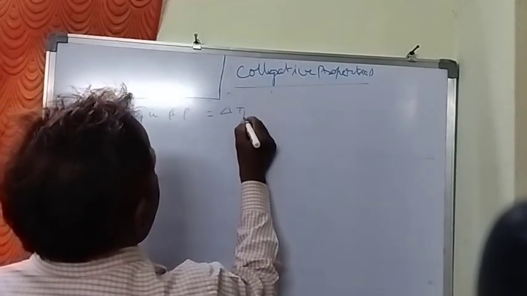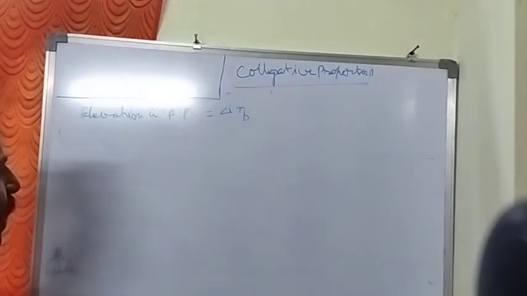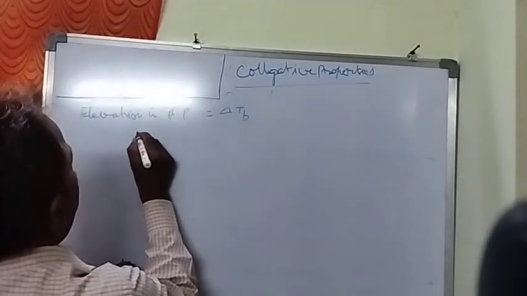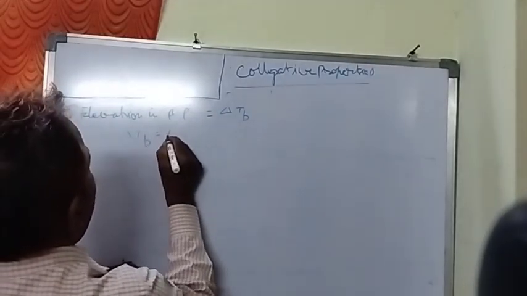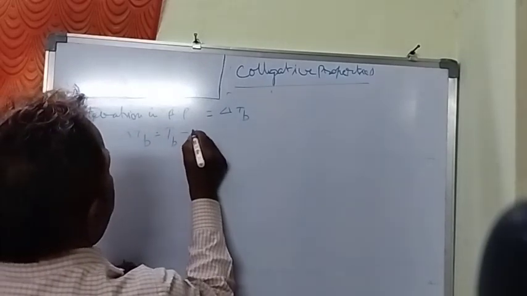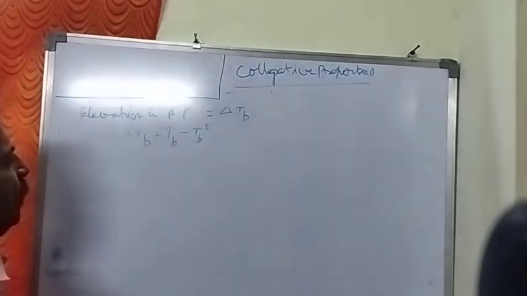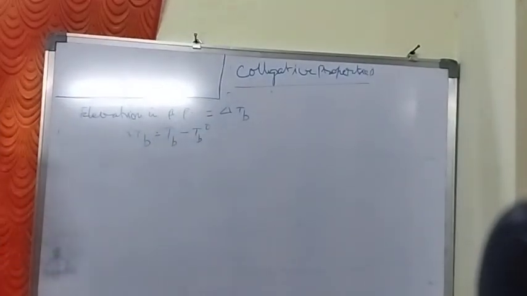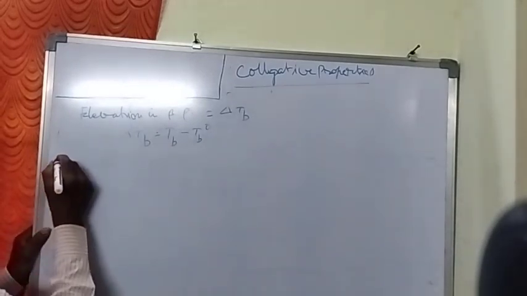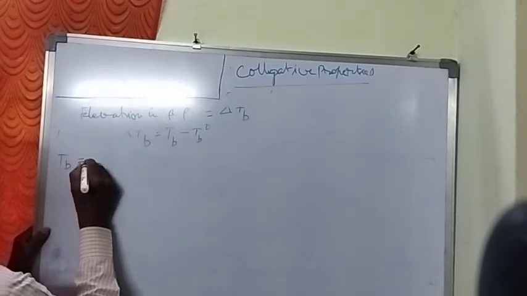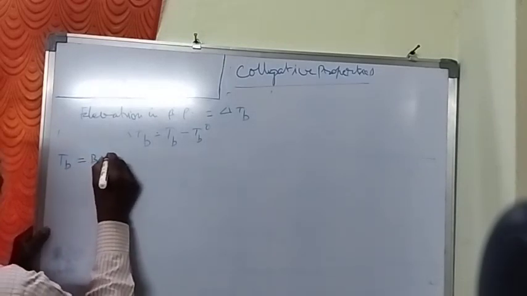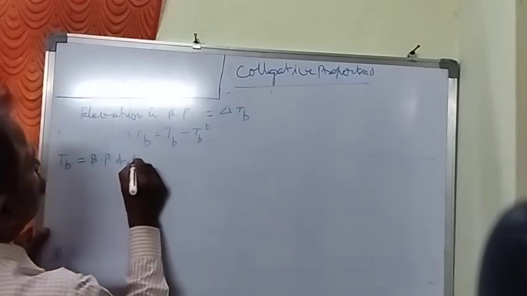Elevation in boiling point is denoted by delta TB. So delta TB equals TB minus TB naught. TB is the boiling point after dissolving the non-volatile solute, so TB is the boiling point of the solution.